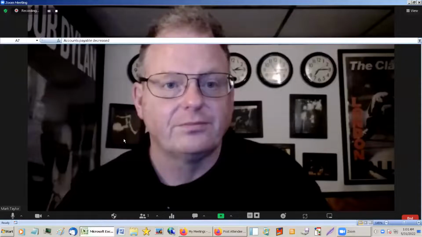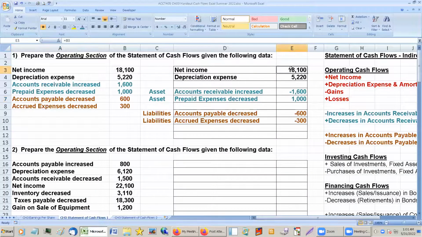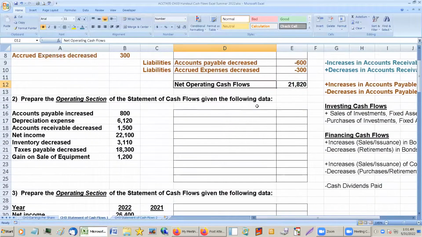For liabilities, it goes in the same direction, up or down. And so this will be the net operating cash flows.